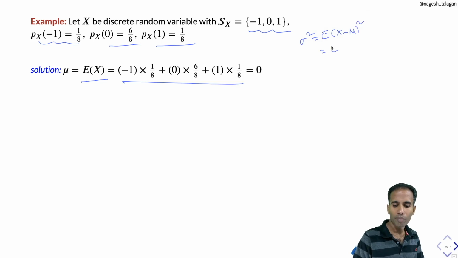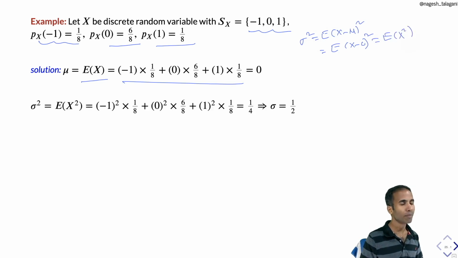If the mean is 0, that is expectation of X square. So the variance sigma square in this case is expectation of X square, which is 1 by 4. So the standard deviation sigma will be 1 by 2.